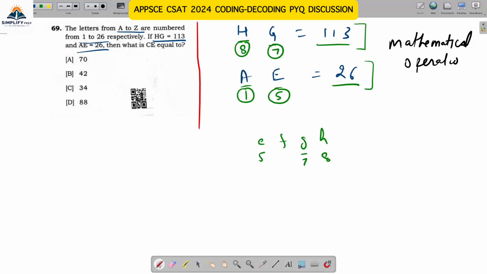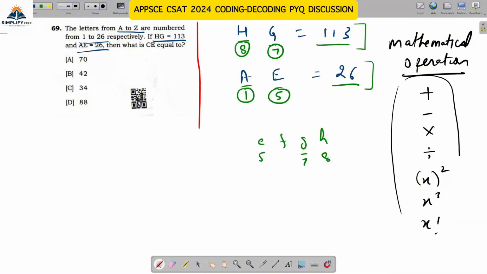You understand mathematical operations, right? Like plus, minus, multiplication, division, squares, cubes, factorial. These are all mathematical operations. So you have to see which of these operations is applying here.